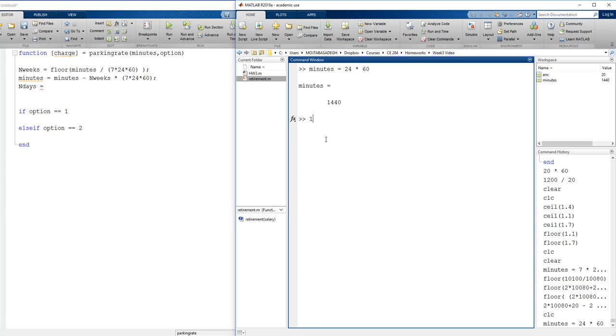If I have 1,460 minutes, that means I have 1 day and 20 minutes, right? So again, similar route, floor of 1460, the number of minutes that I have, divided by 1440, number of minutes within each day. I have 1 day and I have 20 minutes on top of that day.